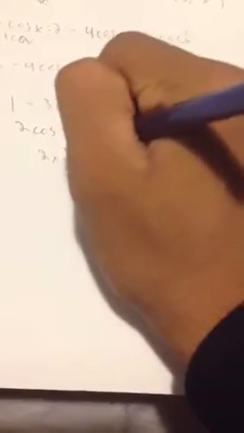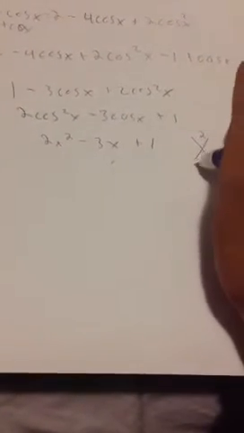So now if we take a look, this is basically the same as having 2x squared minus 3x plus 1. And when we factor that out, we get 2x minus 1, and then we get x minus 1.